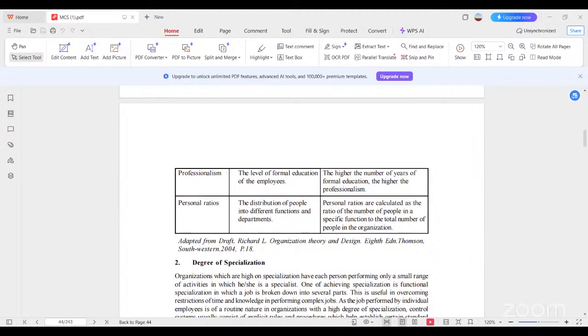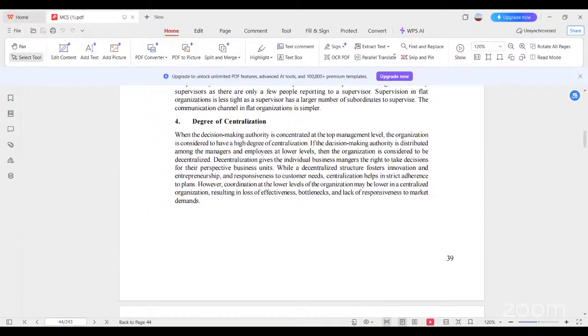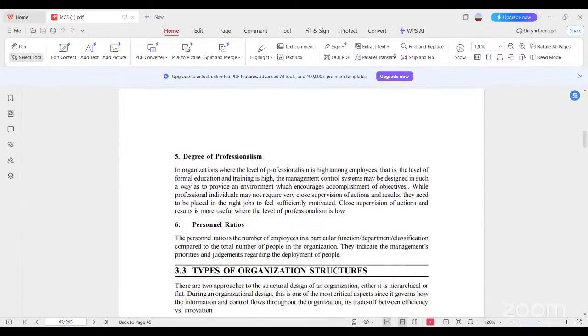Next is your degree of professionalism. Degree of professionalism basically refers to education, training, skill level, and expertise of employees. High professionalism, like professionals such as doctors, engineers, professors, chartered accountants.